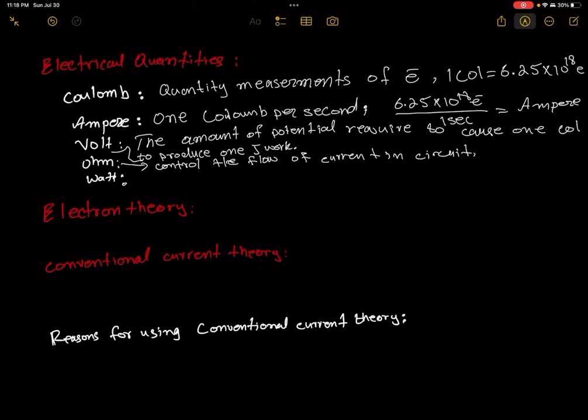Now the watt. What is watt? It is also an electrical quantity, the amount of power used in a circuit. That's a unit of power. This is a unit of resistance. Volt is potential energy, or we can call it electromotive force too.